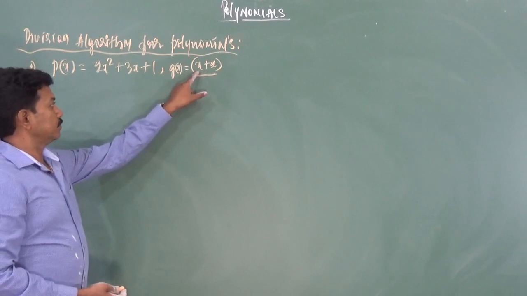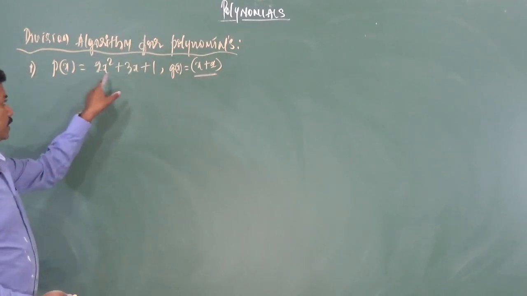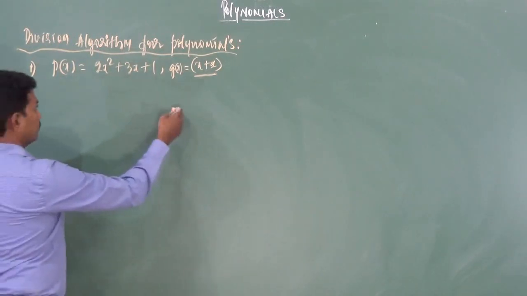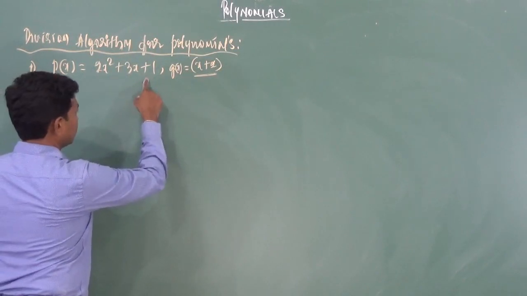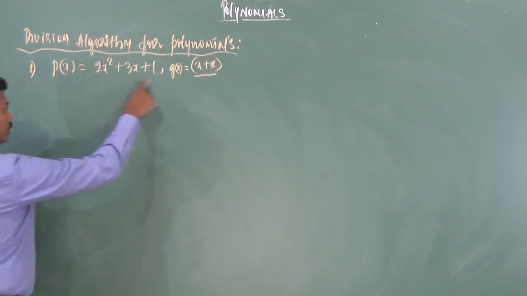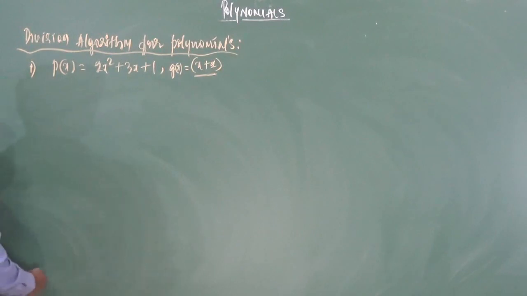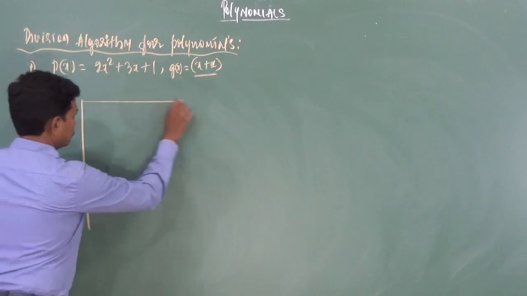While dividing one polynomial by another polynomial, the degree of the higher polynomial can be divided by the degree of the lower polynomial. So here the degree is more, here the degree is less. So we can carry out the division process. We will go with the division process.